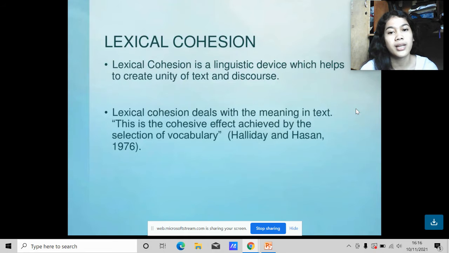According to Halliday and Hasan in 1976, lexical cohesion deals with the meaning of the text. It is the cohesive effect achieved by the selection of vocabulary.